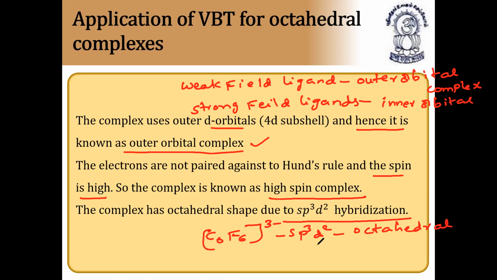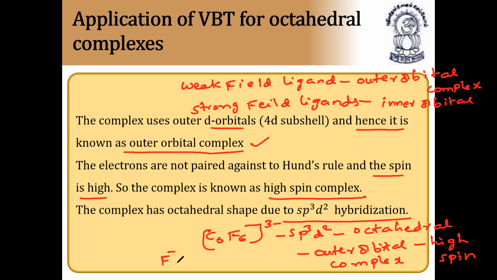For every molecule, if you write points like these, it is easy for you to understand, and in the examination they will ask from this only. So CoF6 3- undergoes sp3d2 hybridization, the shape is octahedral, it is an outer orbital complex, and also a high spin complex.